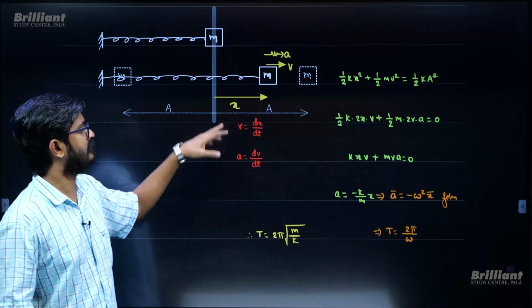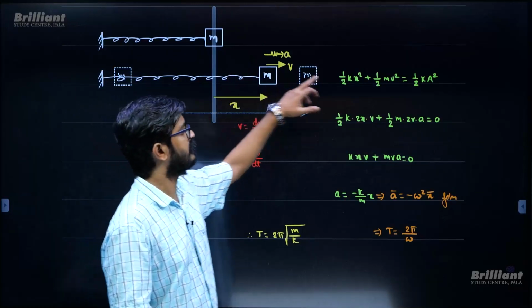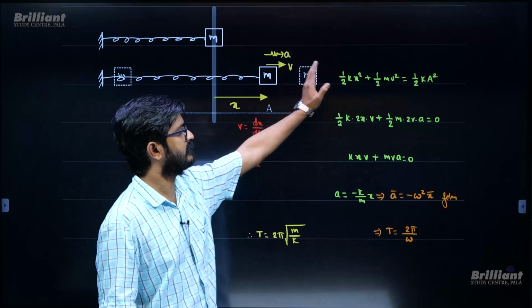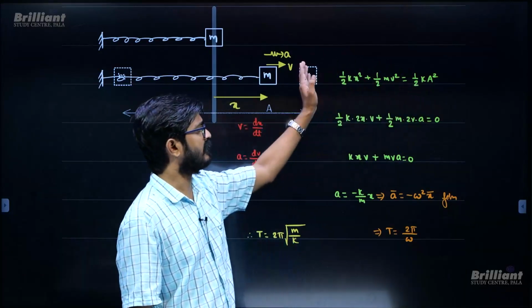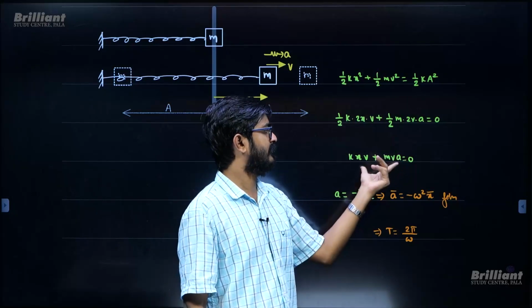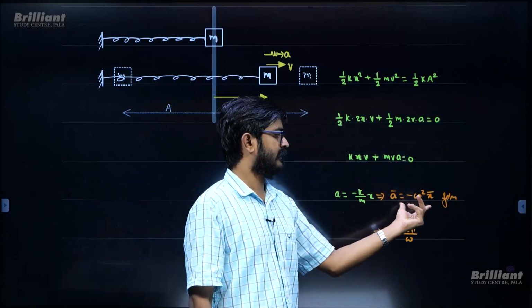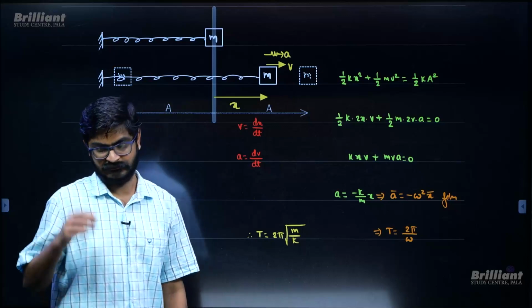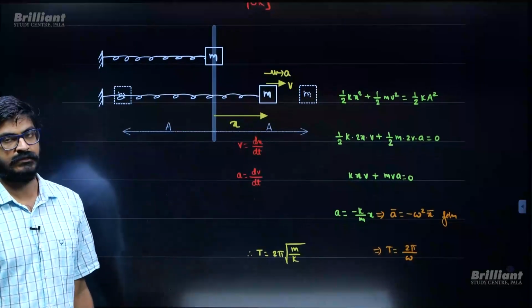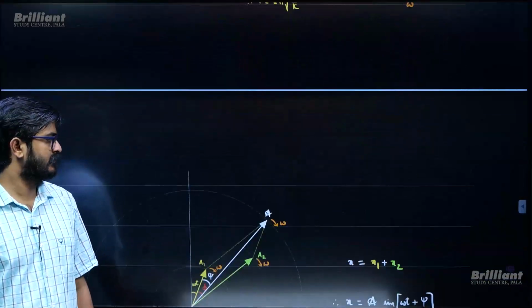I can write energy conservation: at some particular position, potential energy plus kinetic energy must equal the total energy. At the extreme position, the total energy is potential energy, half k a square, and kinetic energy will be 0. So total energy is constant. When I differentiate it, I will get some equation which is again SHM form. So the time period is this much. So either you can write a force equation or you can write an energy equation and differentiate it.